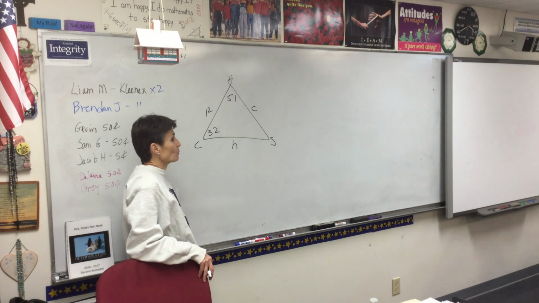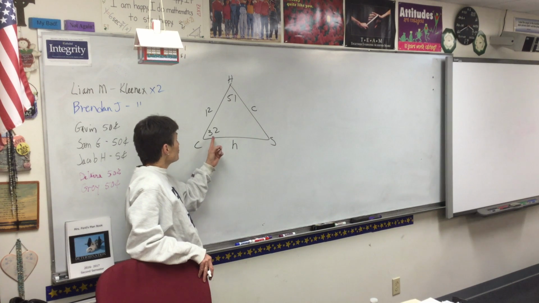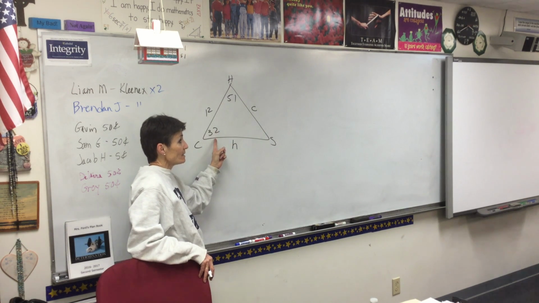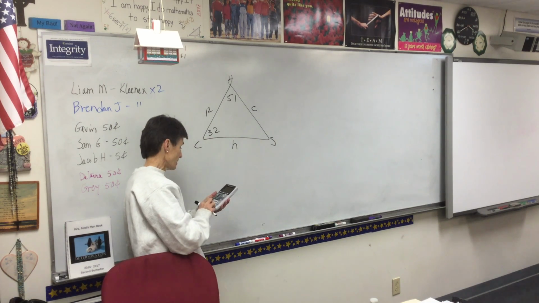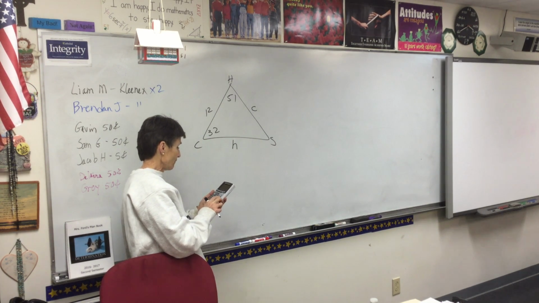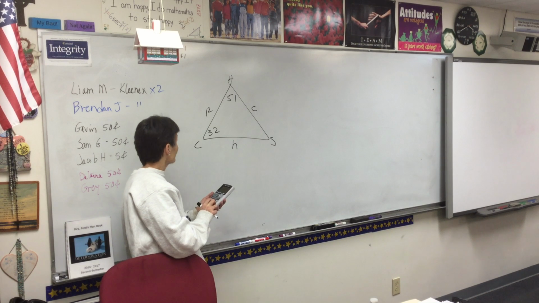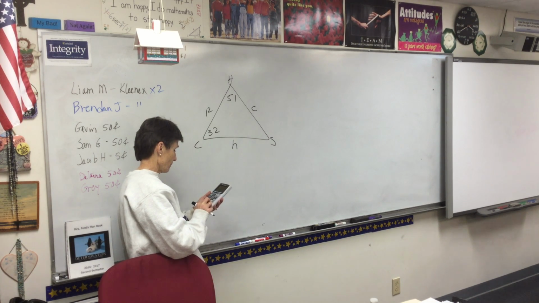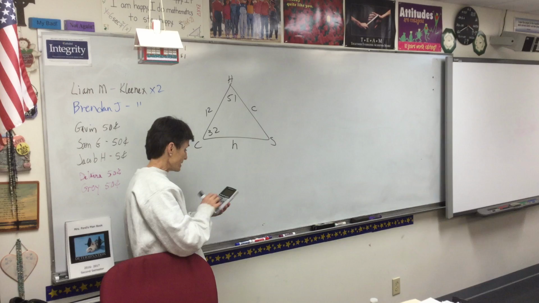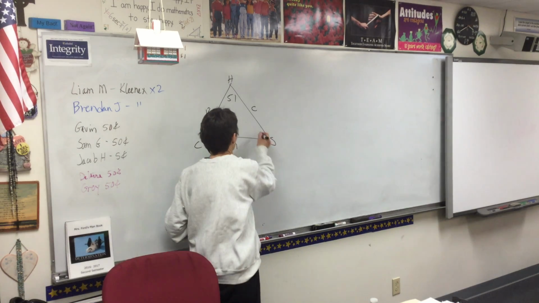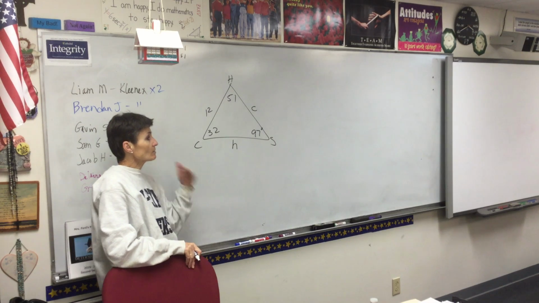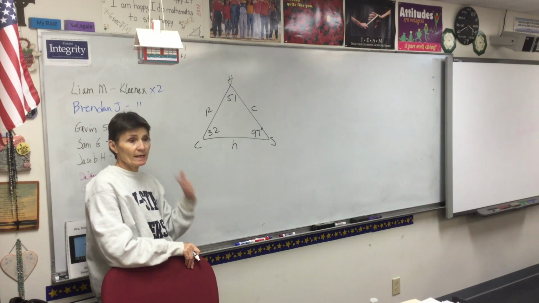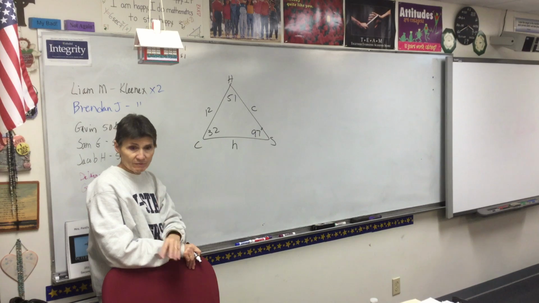Angle S is where you want to start because you've got two angles already. So you know the third one is going to be whatever 180 minus those is. So that is definitely where we want to start. And I got 97. Did you? So those are easy points. The angles of a triangle always add up to 180. So if you know two of them, you can always find the third one.